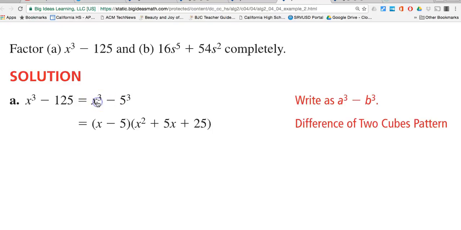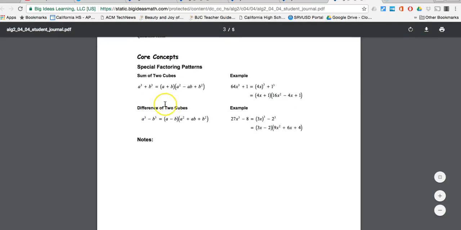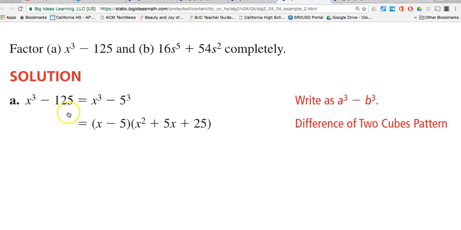So when we plug x and 5 in for a and b, we get x minus 5, then x squared plus 5x plus 25. If we go back and look, our difference of cubes is just a cubed minus b cubed equals a minus b times a squared plus ab plus b squared.